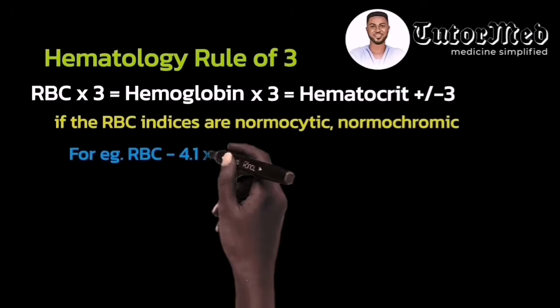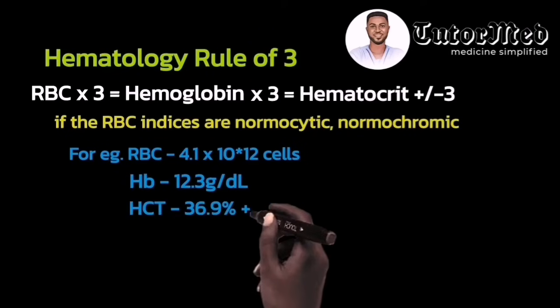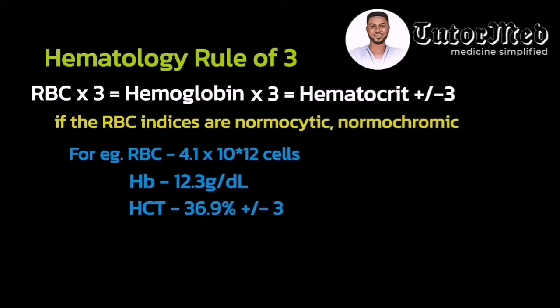So for an example, we have a patient whose RBC count is 4.1 times 10 to the power 12 cells. The rule says that if you multiply 3 by 4.1, you get an HB of 12.3 grams per dL. And if you multiply the HB by 3, you get a hematocrit of 36.9 plus or minus 3. And this is only valid if the RBC index is normocytic, normochromic.